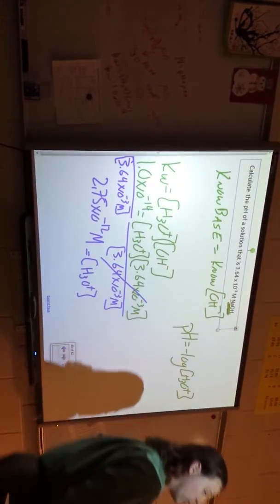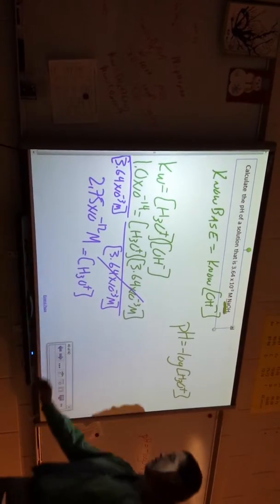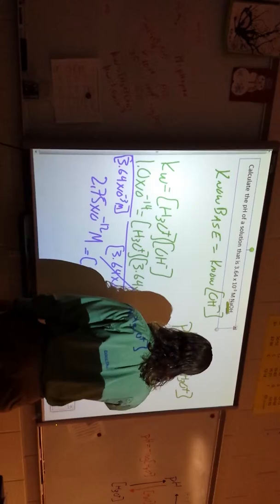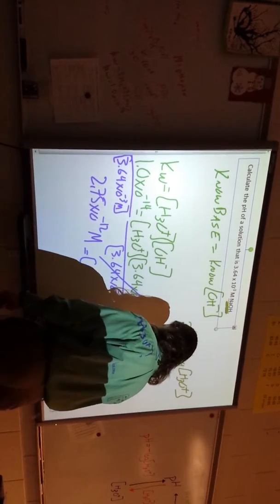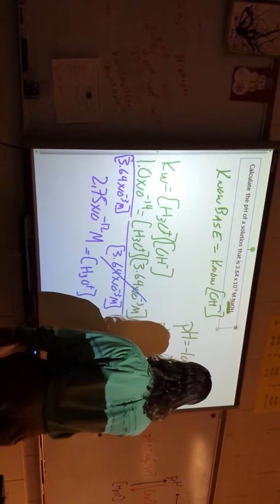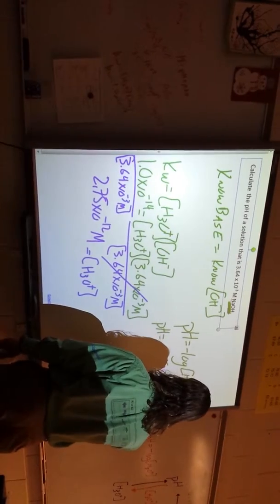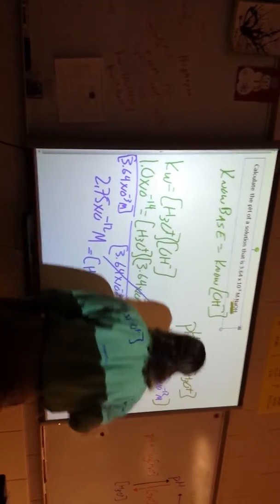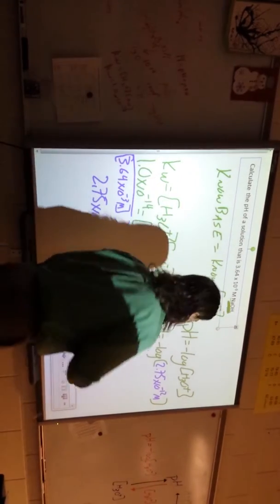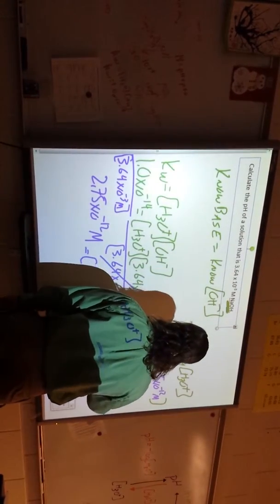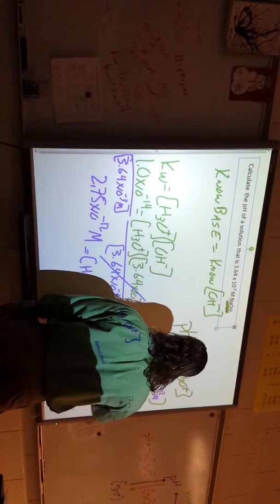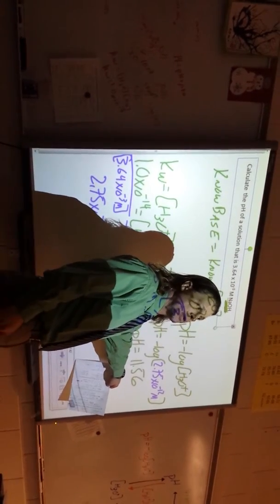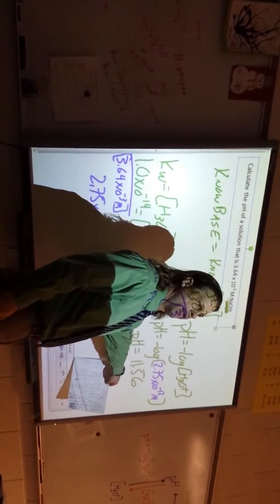So now I know my H3O+, and when I put it into my pH formula, pH is equal to the negative log of 2.75 times 10 to the minus 12 molar. And so when I calculate this out, I get a pH value that is equal to 11.56. And here's a point where I'd want you to go to 2 decimal places because you calculated the pH.